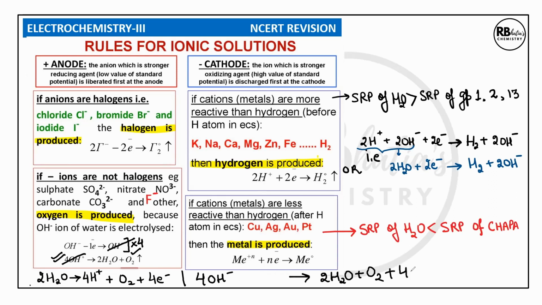So 4 OH negative ions undergo oxidation to form 2 water, oxygen and 4 electrons. Which element is getting oxidized? O is getting oxidized from -2 to 0, so oxygen gets liberated as a gas. This is how we write the oxidation of water.